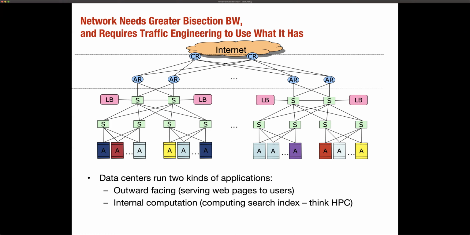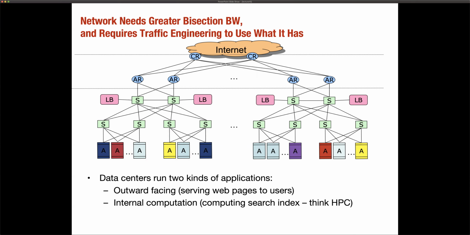Given the dynamism in the demands, you might have to do traffic engineering. Given that you have limited resources and more demand, you have to do very clever traffic engineering to make the best use of the limited resources that you have, right?